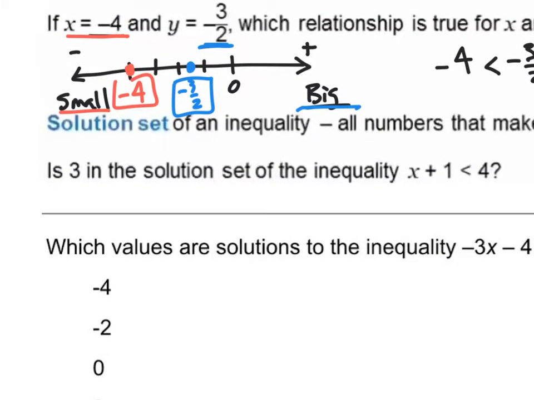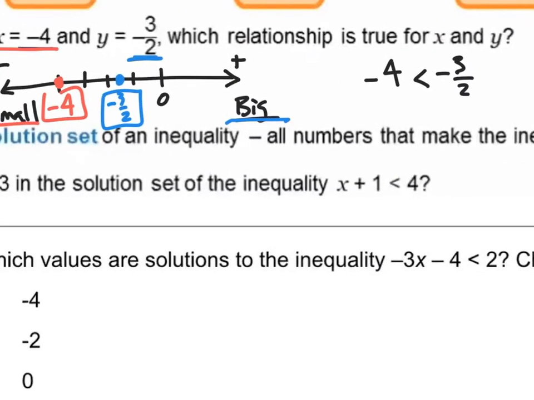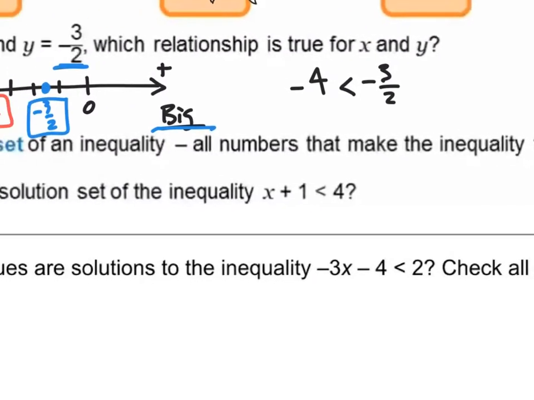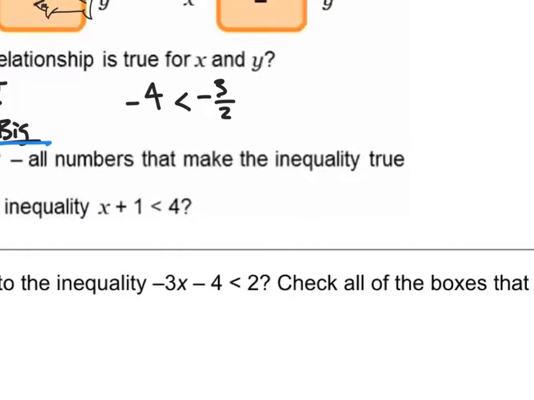The next thing we have to talk about is a solution set of an inequality. It means all the numbers that make the inequality true. It asks, is 3 in the solution set of the inequality x plus 1 is less than 4? No, it's not. You can check by plugging these values in.